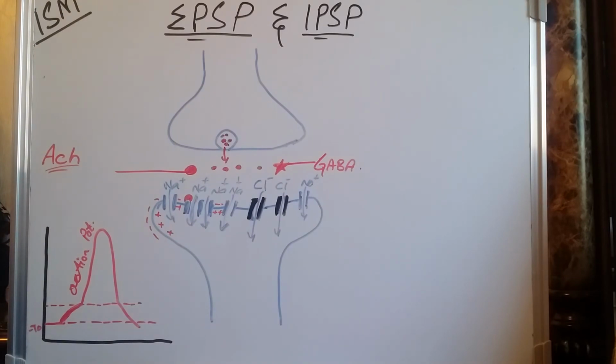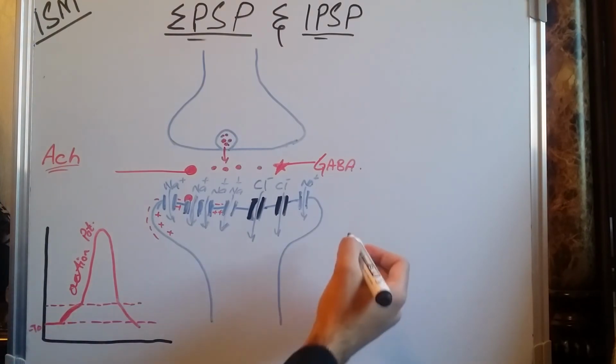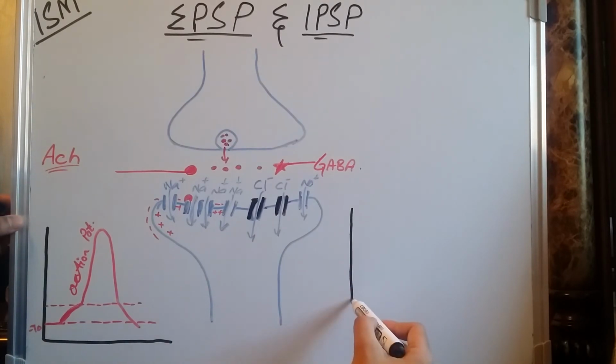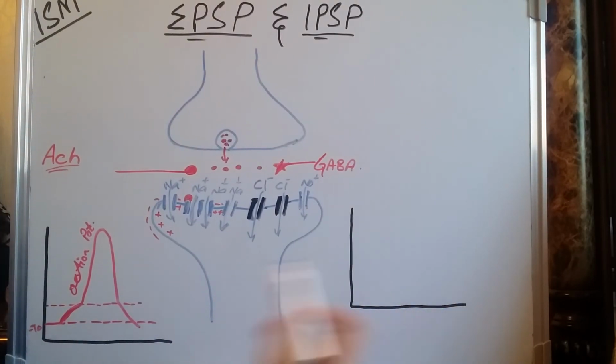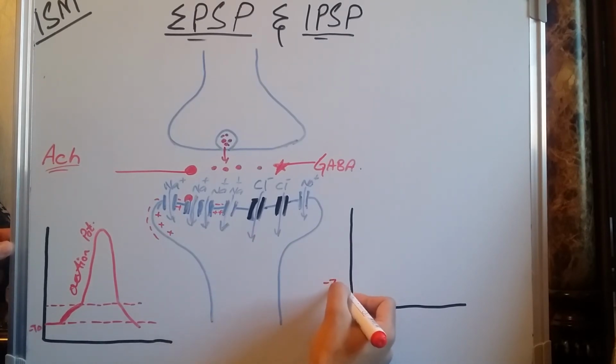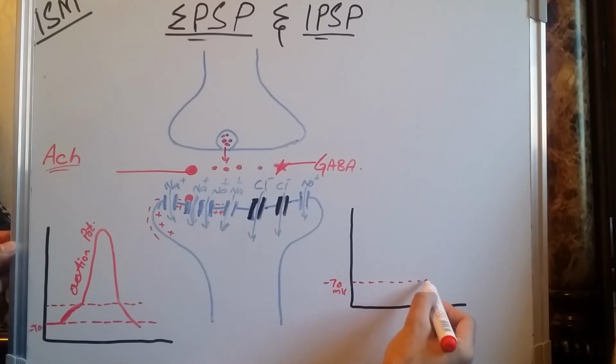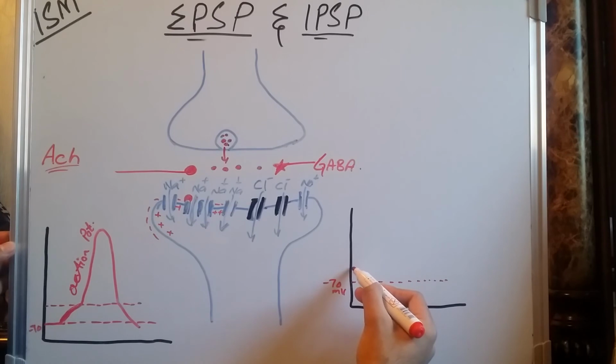If we make a graph of this, we make such a graph. This is minus 70 millivolt, the resting membrane potential, and the threshold potential.